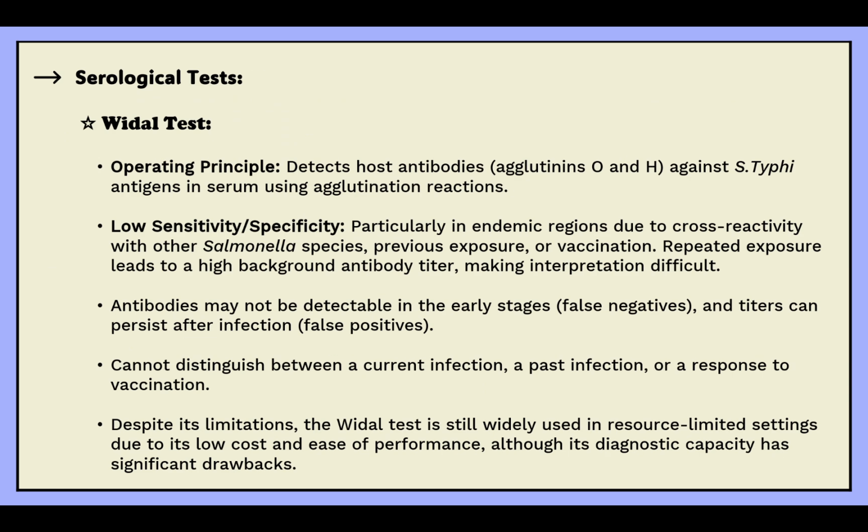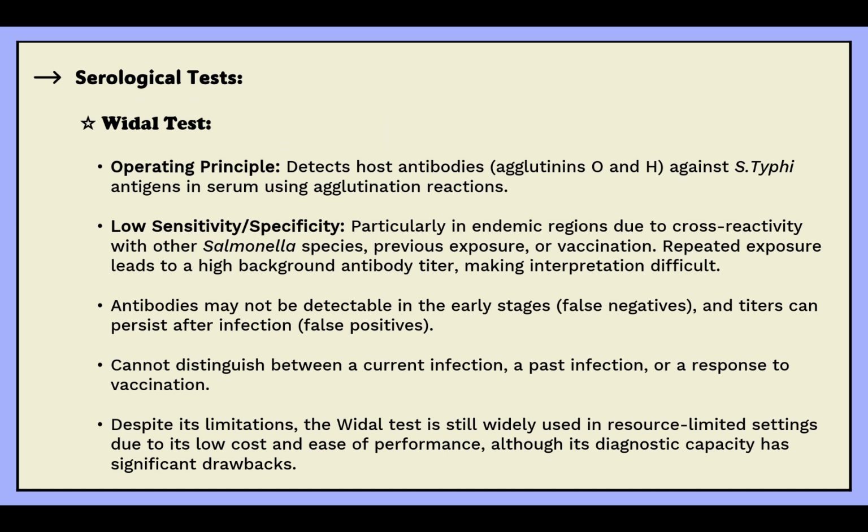For a serological test, the Vidal test detects host antibodies, agglutinins O and H, against S. typhi antigens. Despite its wide use due to low cost and ease, it has significant drawbacks. Low sensitivity and specificity, especially in endemic regions due to cross reactivity, previous exposure, or vaccination.